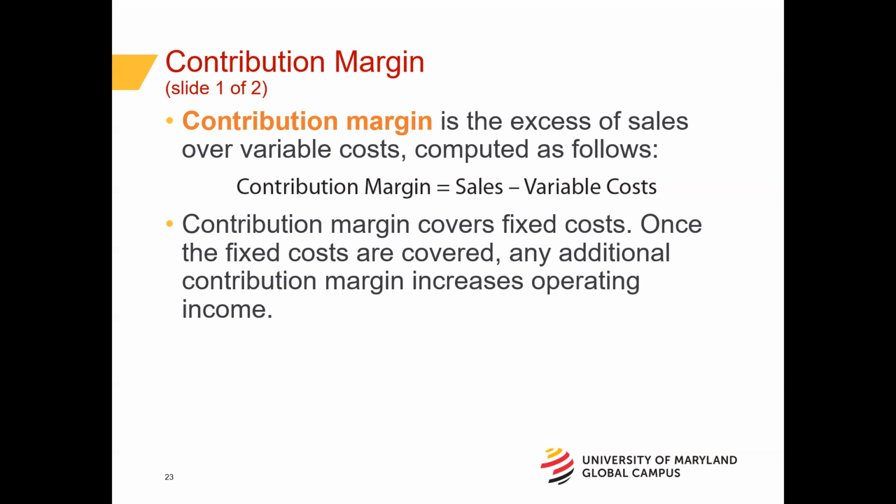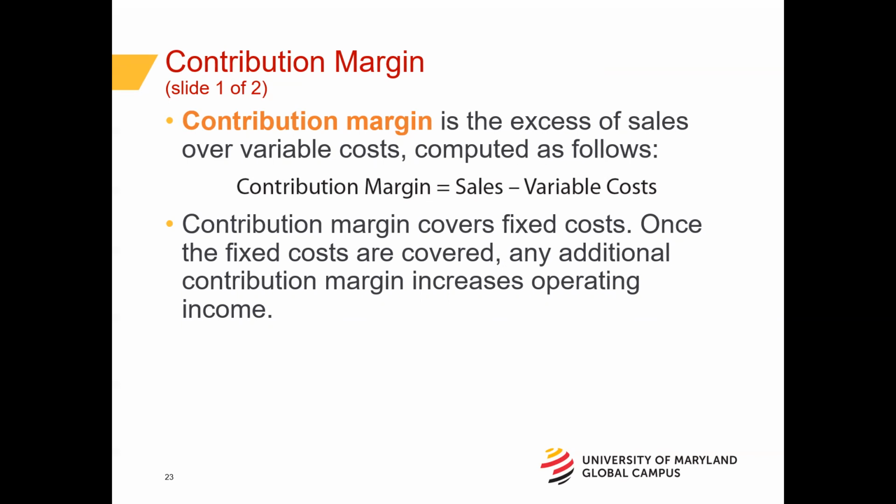Okay, so let's take a look at this beautiful concept called the contribution margin. Oh, I like making money. Okay, let's take a look. Contribution margin is the excess of sales over your variable costs. To find contribution margin, we take our revenue, which is our sales, minus our variable costs. The contribution margin is designed to cover your fixed costs.